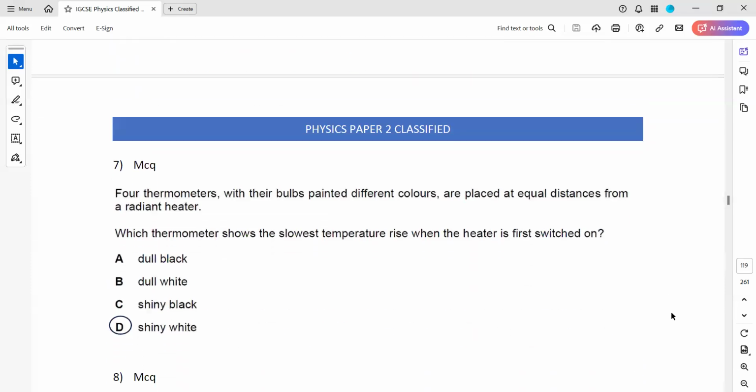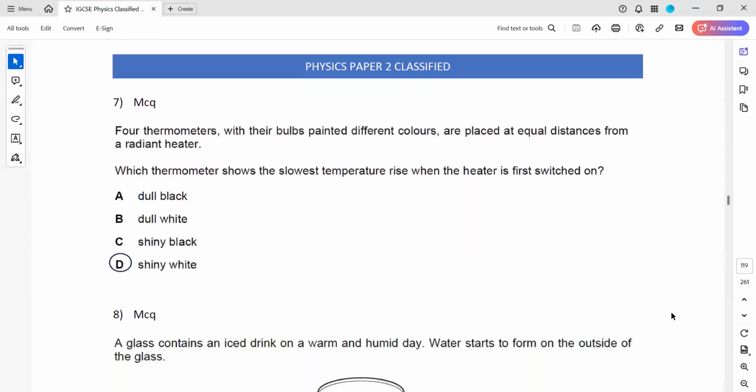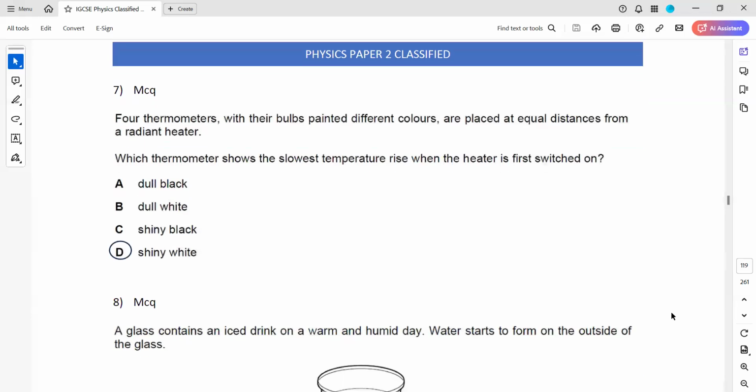Clear. Okay. Question 7. Four thermometers have their bulbs painted different colors. Which thermometer shows the slowest temperature rise?